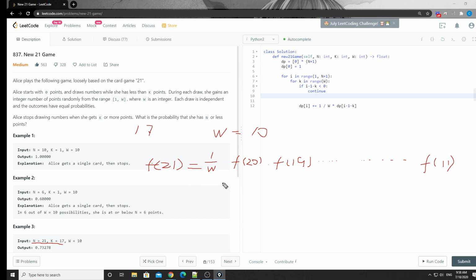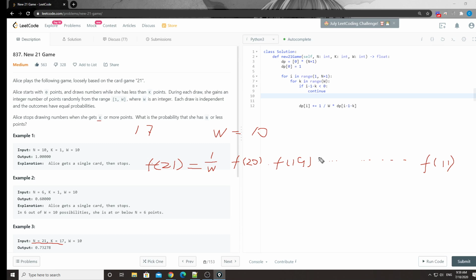Remember, can you get from 20 to 21? Can you get from 19 to 21? No, right? Because in order to get from either 19 or 20 to 21, you need to draw a card, right? So here you need to draw a 1, here you need to draw a 2. But the description tells us once you reach K, you cannot draw a card, right?